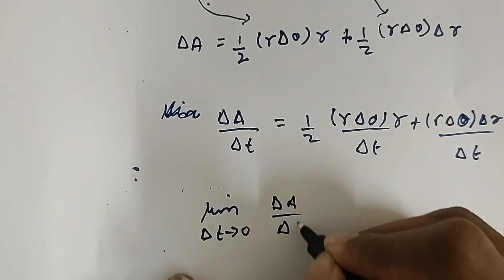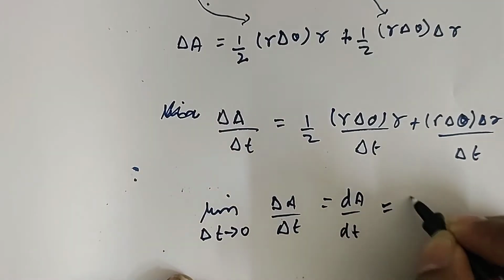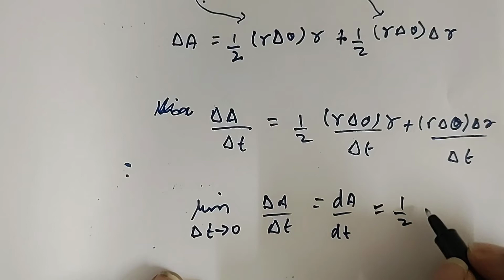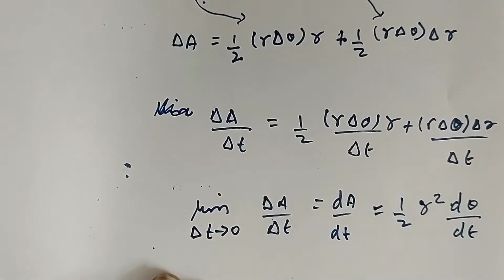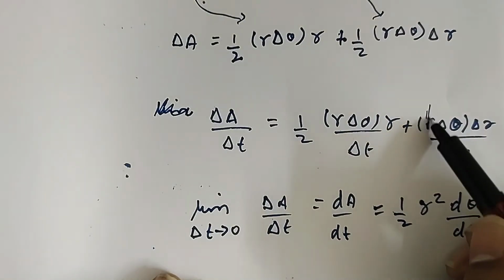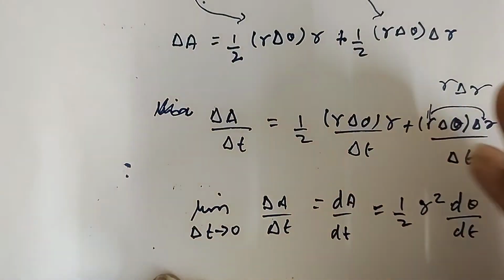Then this is nothing but dA by dt. Then I will have half r square d theta by dt, because the r dr term vanishes.